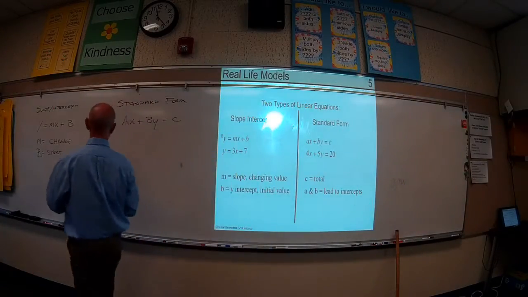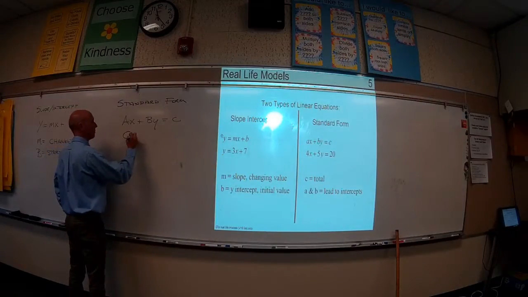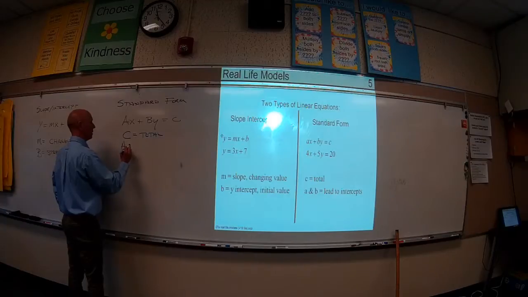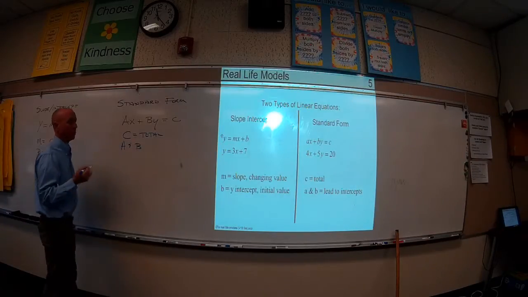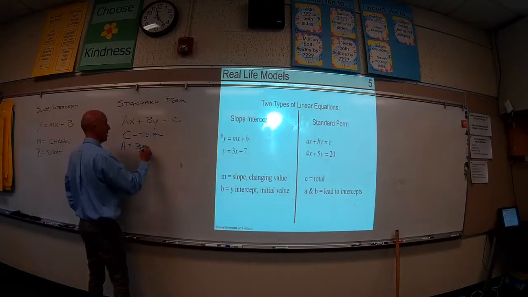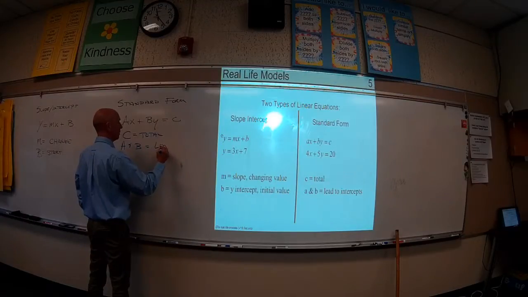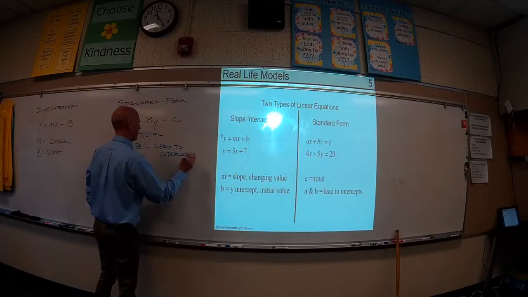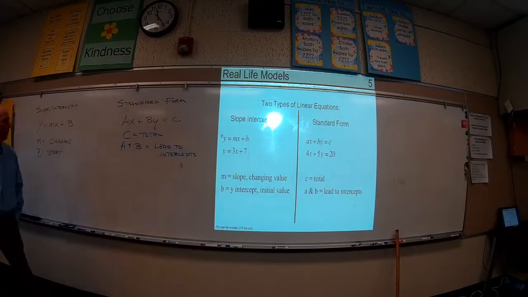So C is the total. And A and B lead to the intercepts. They're not the intercepts, but they help me find the intercepts.